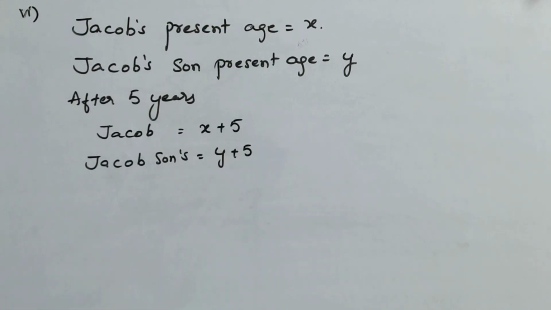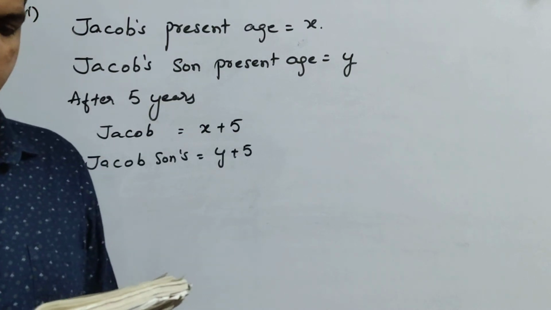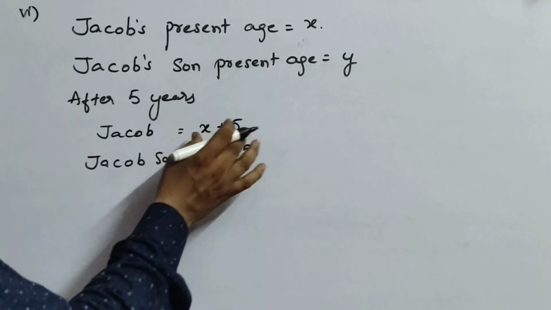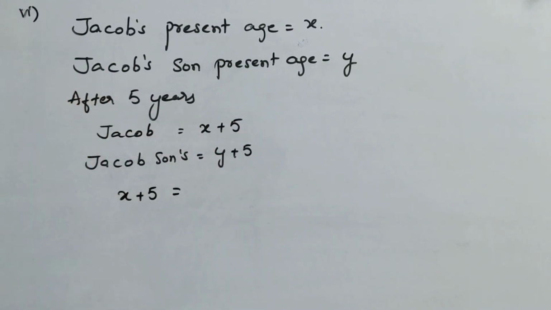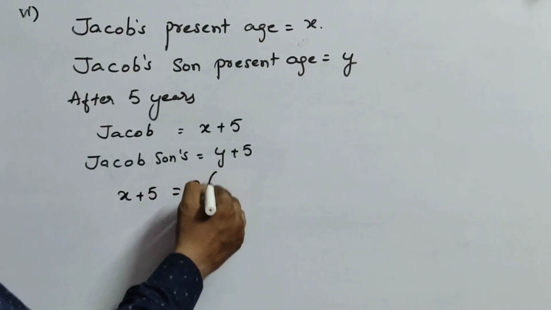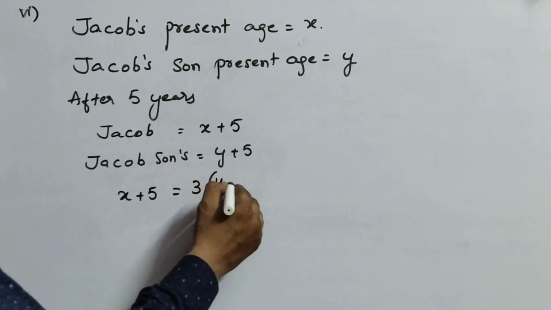But after 5 years what happens? See here. 5 years hence the age of Jacob, that is x plus 5, will be equal to 3 times Jacob's son's age, that is 3 bracket y plus 5.